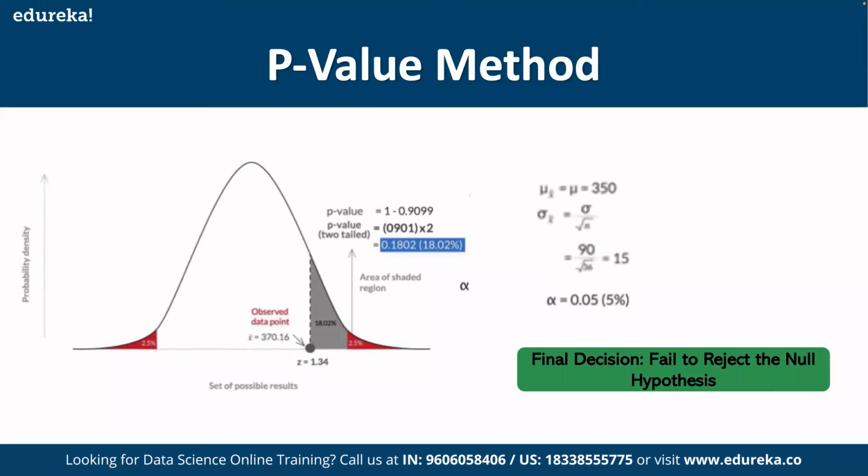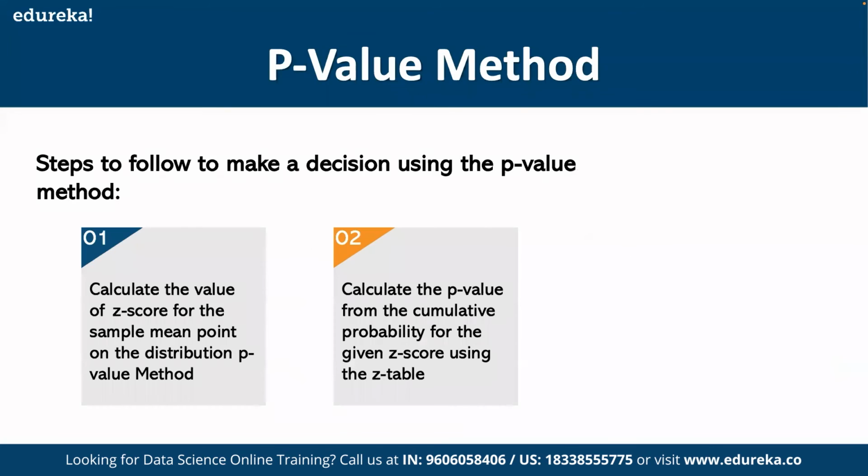In the p-value method, the steps we follow in hypothesis testing are: first, we calculate the Z score for the sample mean point on the distribution. Then we calculate the p-value from the cumulative probability for the given Z score using the Z table.